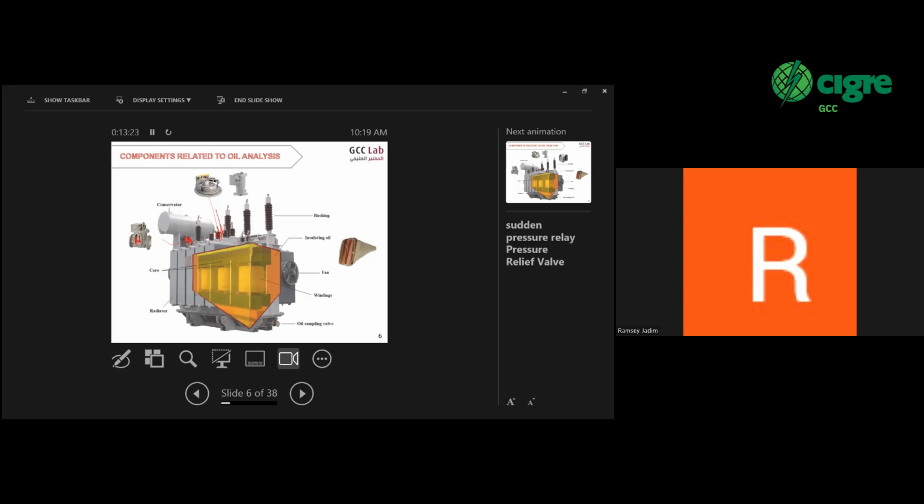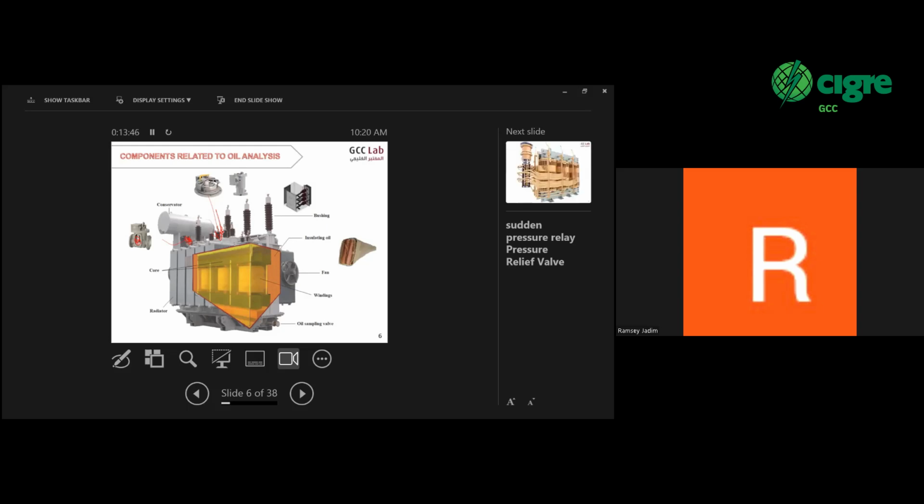And there is another relay called the sudden pressure relay. This one is especially sensitive to arcing, partial discharge and arcing.